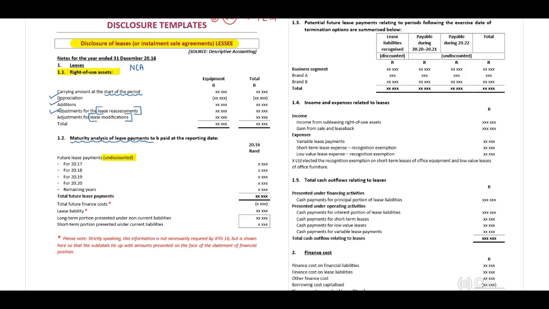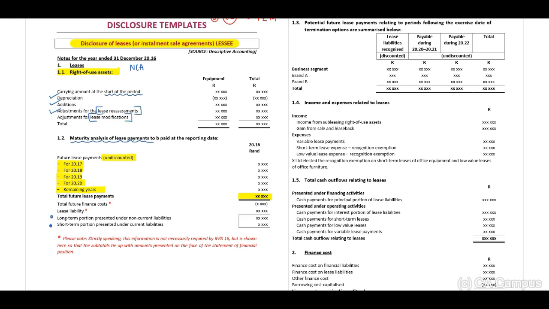Therefore, this is the payment as is per year for 2017, 18, 19, 20, and your remaining years. This will total your future lease payments and total lease finance costs, lease liability, and disclose the long-term and short-term portion. Again, we will look at this in our lecture examples as well.